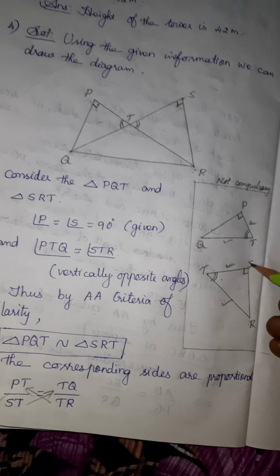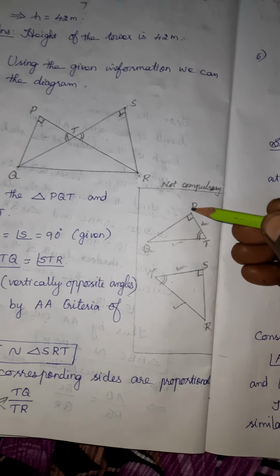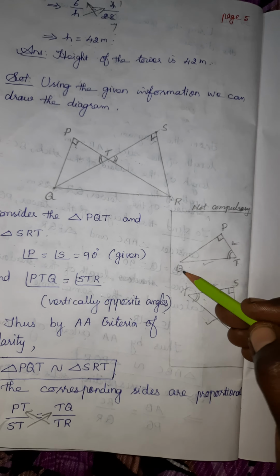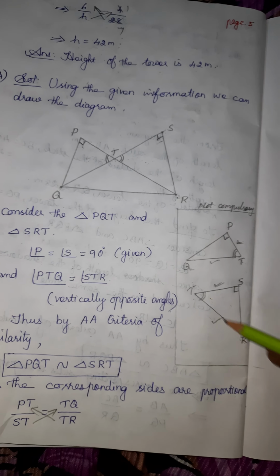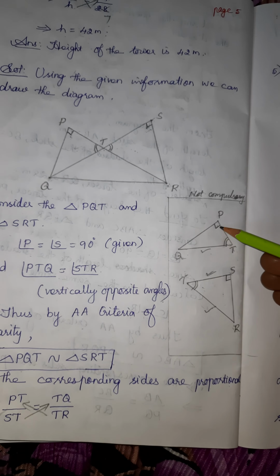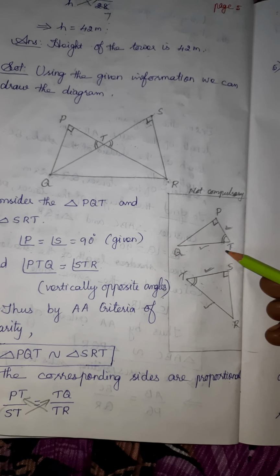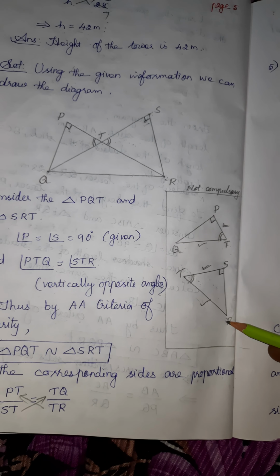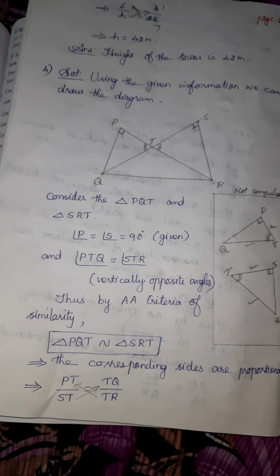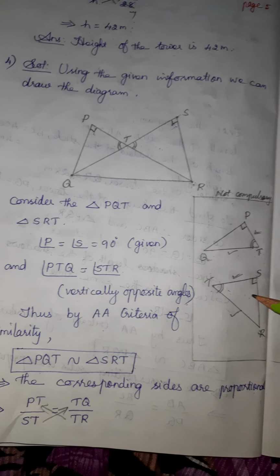So the ratio you consider this way: PT divided by ST equal to TQ divided by TR. QT and TR are the hypotenuses of these two right triangles. This is the particular result we are proving, so be careful to choose the ratio.